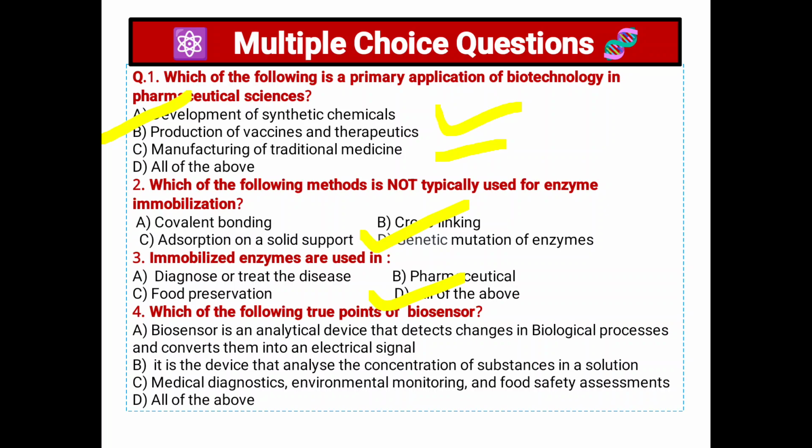And C, medical diagnostics, environment monitoring and food safety assessment. So yes, a biosensor is an analytical device. Second, it is a device to analyze the concentration of a solution, also monitor food quality, medical diagnosis, and environmental monitoring, meaning air quality index. So all of the above is the correct answer.